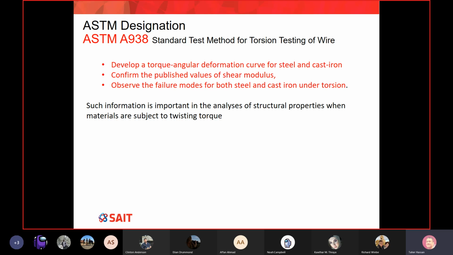Number two, we will confirm the published values of shear modulus. In the last two labs, we looked at the modulus of elasticity, which represents the rigidity of the specimen in tension and in compression.